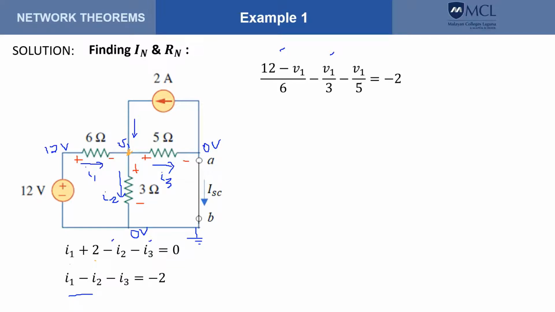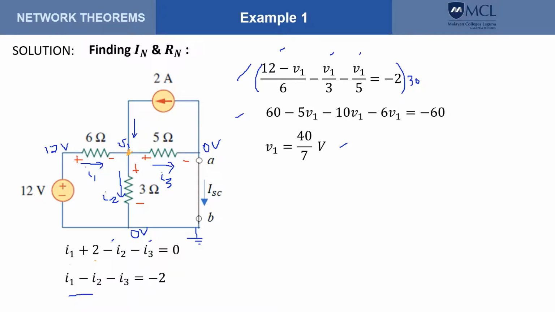And I sub 3 is V sub 1 minus 0 divided by 5. That will give us this expression. Simplifying, we can multiply both sides by, let's say, 30. That should give us this equation, and from here, we can solve the node voltage V sub 1. That should give us this answer.